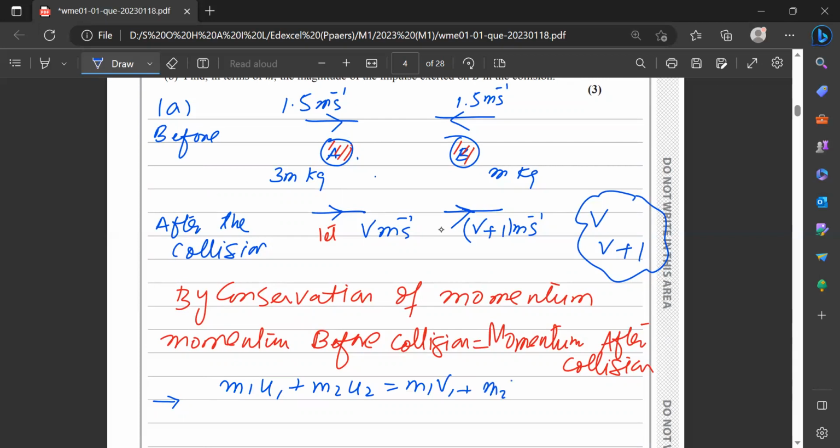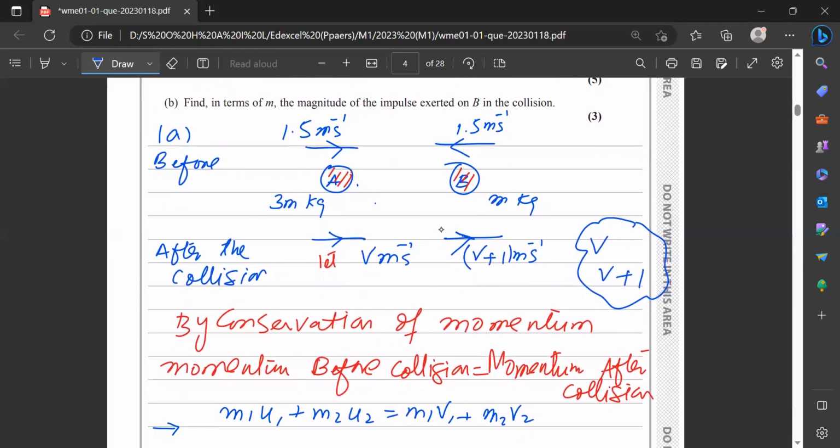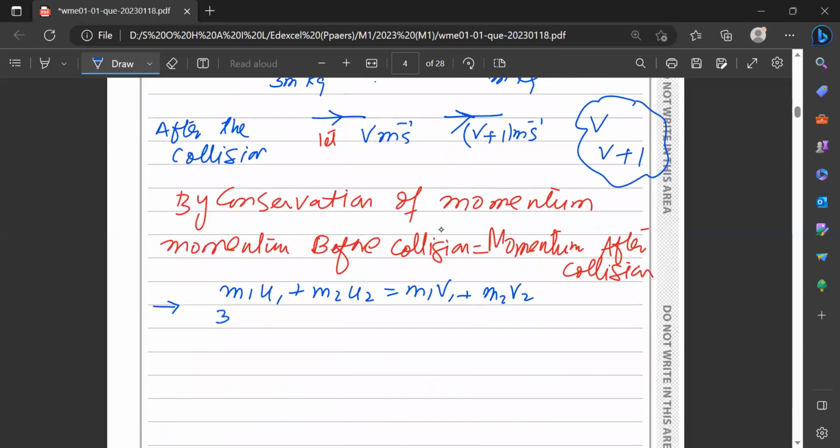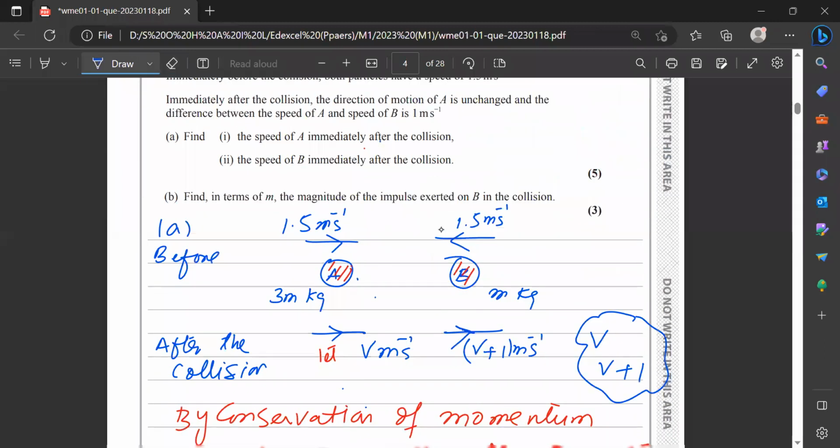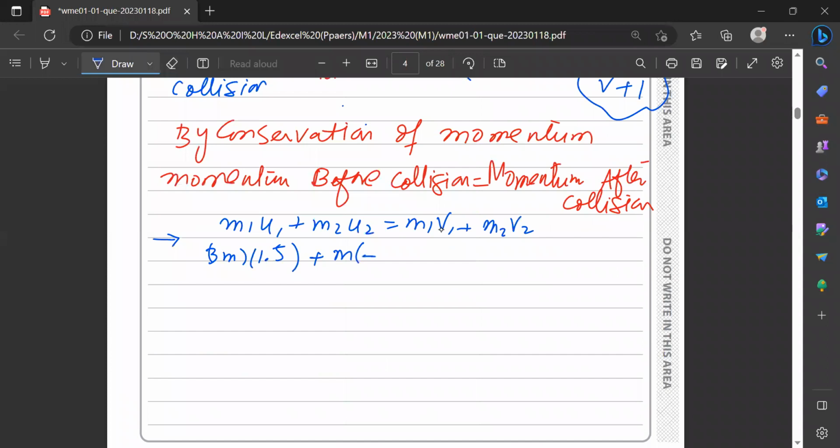plus M2V2. 3m into 1.5, plus m into minus 1.5, because it is coming in the opposite direction, minus 1.5.